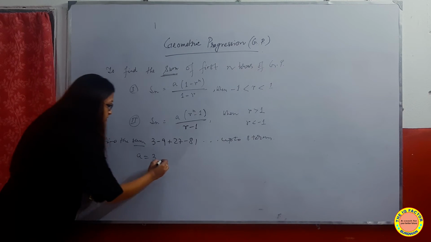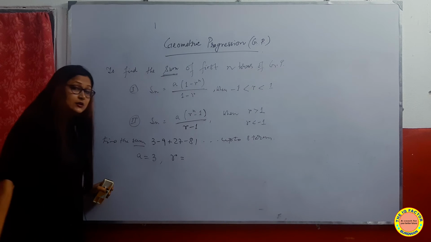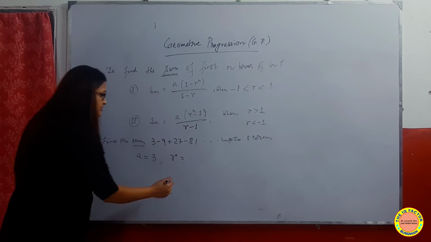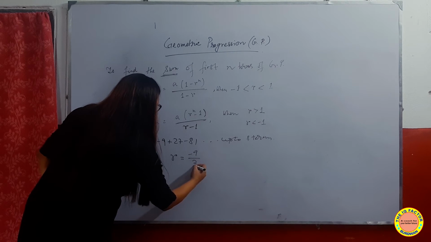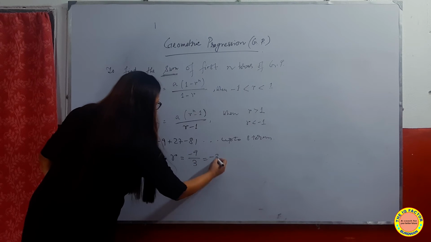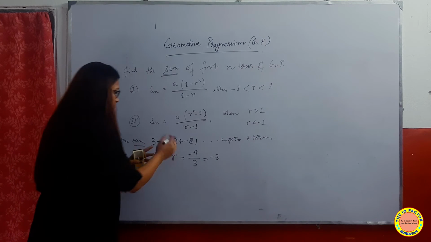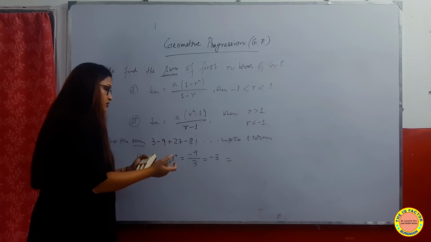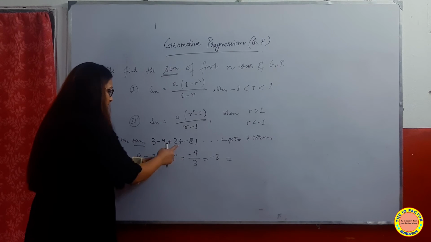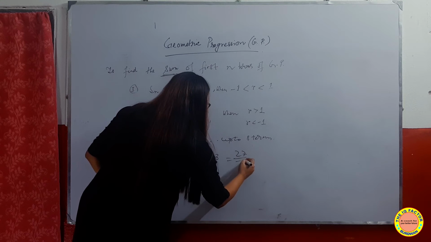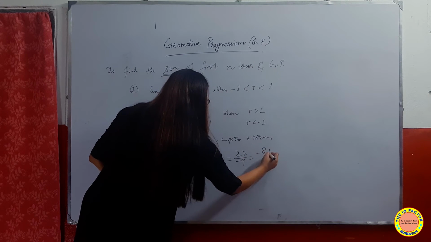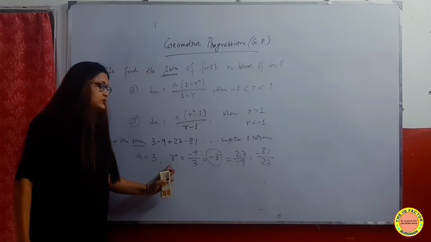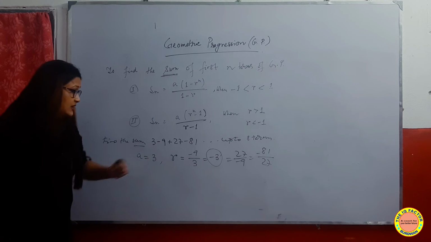Now we have to find out the common ratio, which is r. How to find out the common ratio? Dividing the second term by the first term, minus 9 by 3, which is minus 3. And dividing each two terms, we get the common ratio is constant: minus 81 by 27 is also minus 3. So the common ratio r is minus 3.